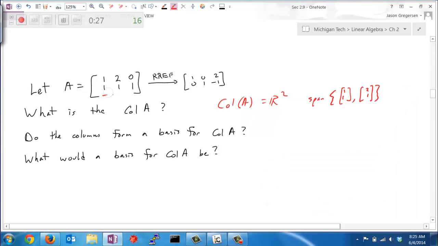These three vectors can't be a basis because they're not linearly independent. We have to only grab these two to make them a basis. So that would be no, it's not a basis. And what would be a basis? Just these two.